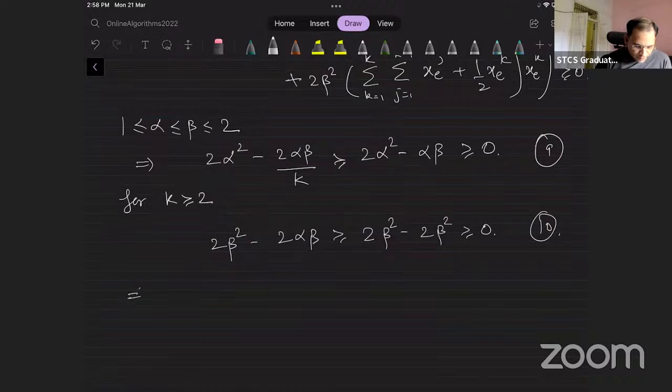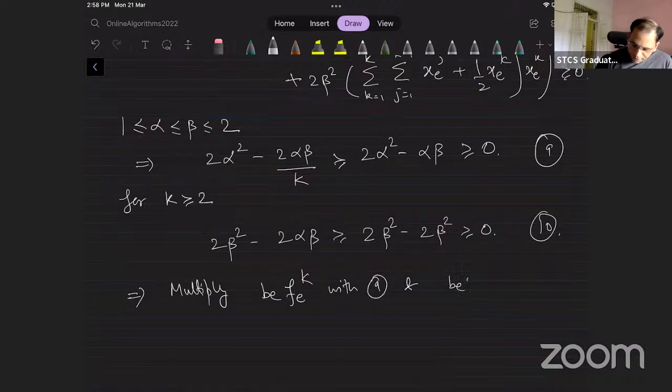Okay, so now we'll multiply. This is, multiply b_e f_e^k with 9 and b_e x_e^k with 10. What do we get? Add them over all edges and all requests.